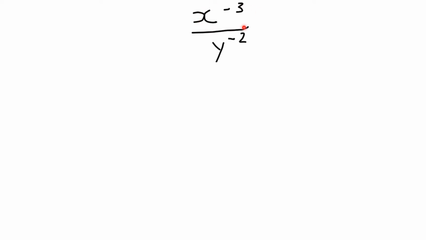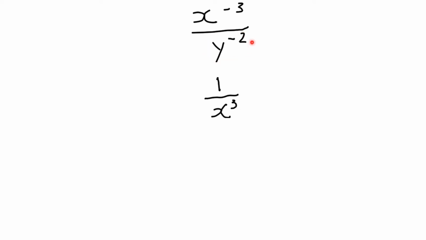If we look at just the numerator here, the very top, we have x to the power of -3, and I can get rid of that negative by writing the inverse. So in this case, it's not x to the power of -3, it's actually going to be 1 over x to the power of +3.